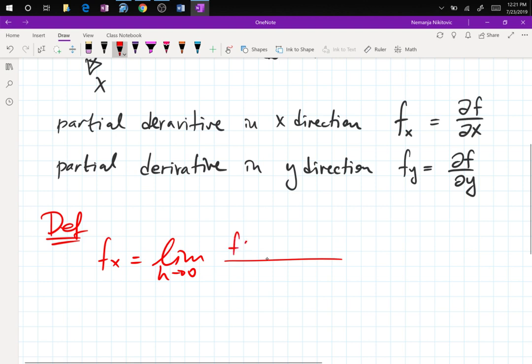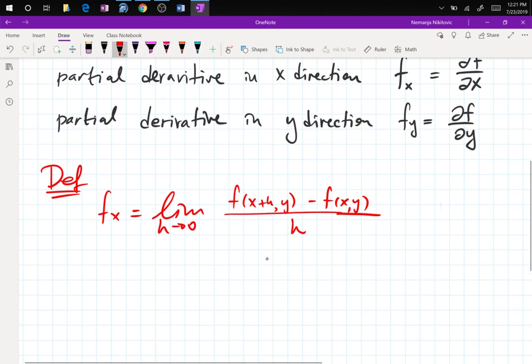So we'll have f of (x plus h, y) minus f of (x, y), divided by h. As you can see, it's the same definition as in Calc 1, except you have a comma y in each one.